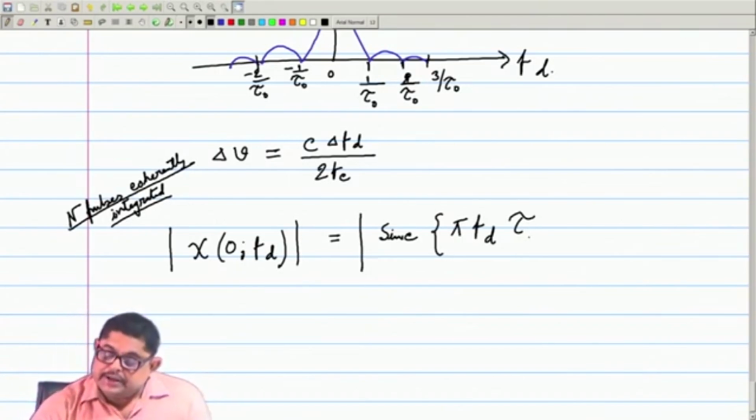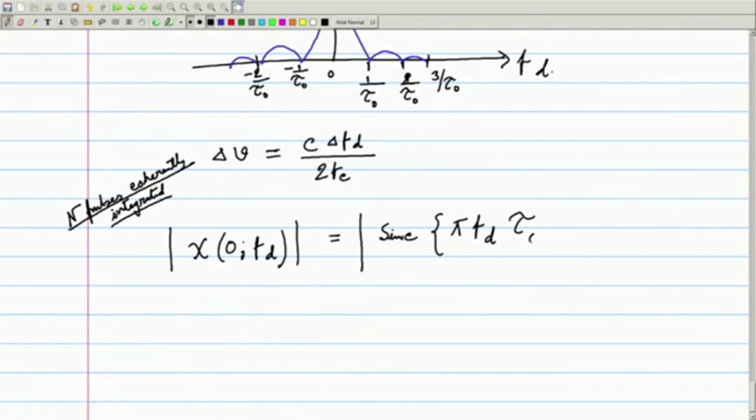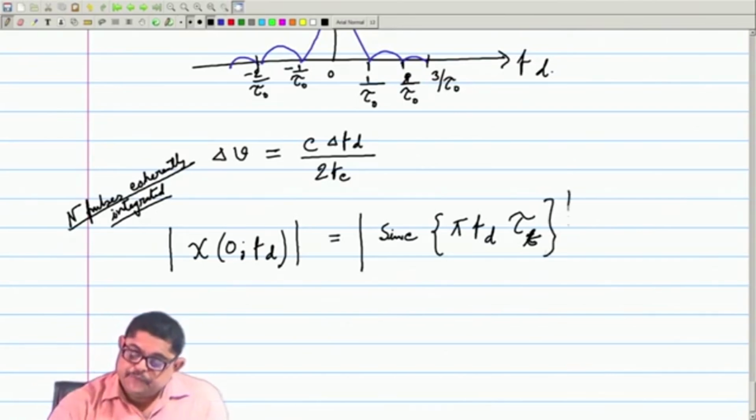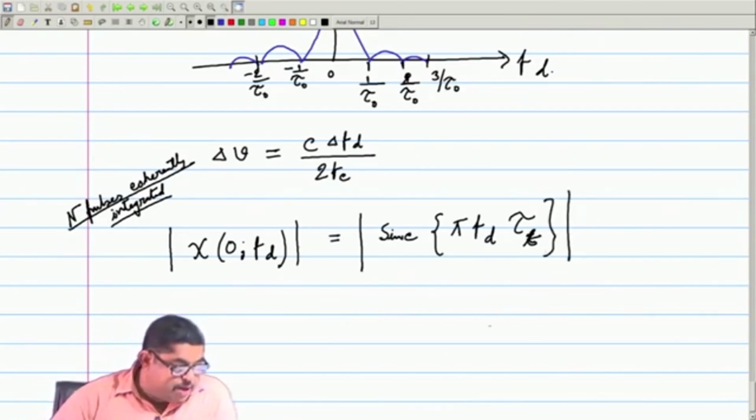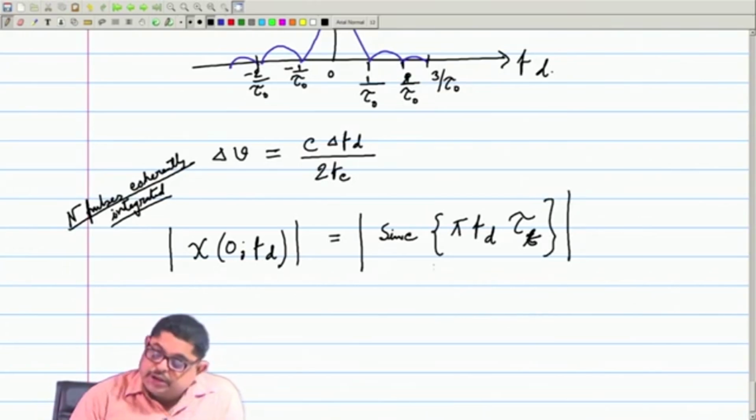So, instead of tau naught I am calling it tau t total, and that means this will have a null at a point.